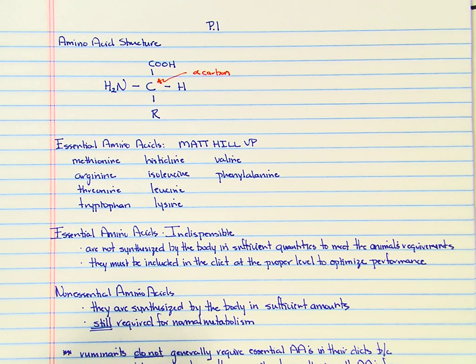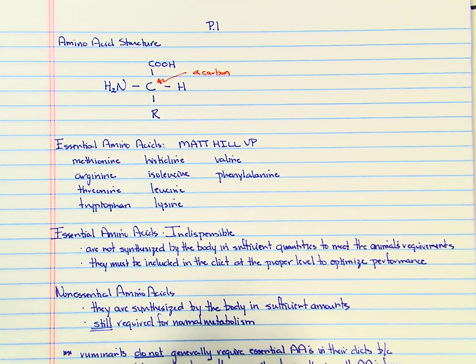Something to keep in mind, and something that I'll use to challenge you to think about, is that ruminants do require essential amino acids to be absorbed from the small intestine.